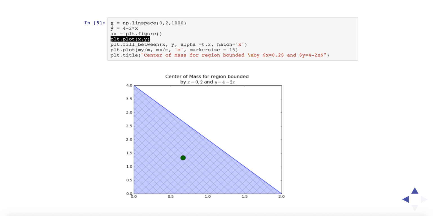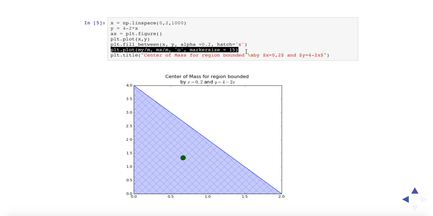Plot the x's and the y's. That forms this line. I add a fill underneath to show the region that I'm talking about. So I fill between the x and y coordinates. I lighten it and add a hatch so that I can see. Maybe it just makes it look a little bit nicer.